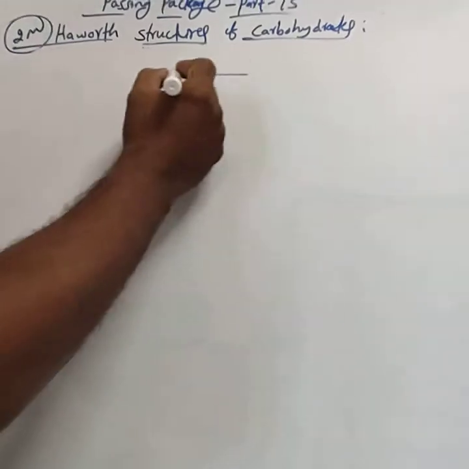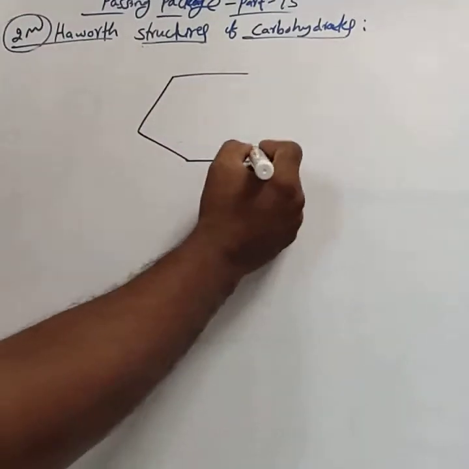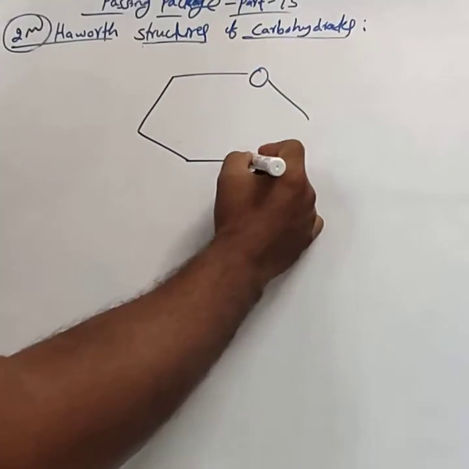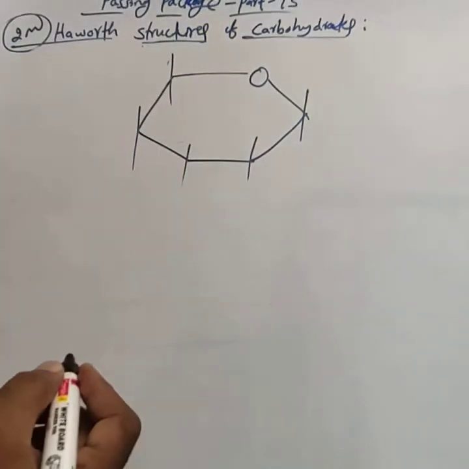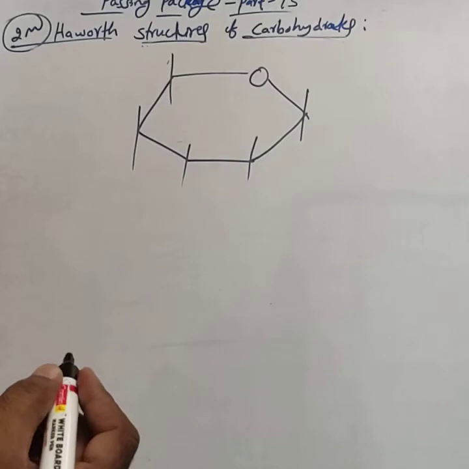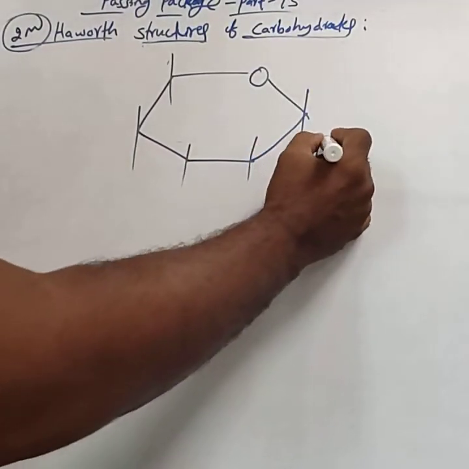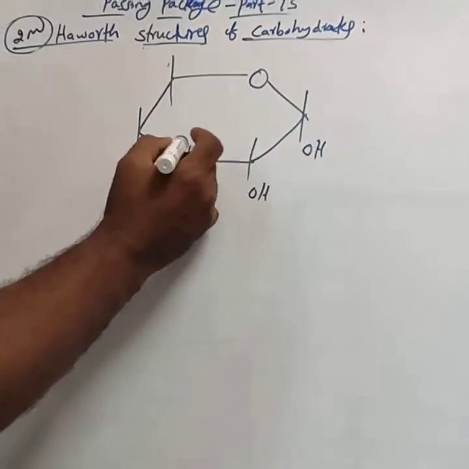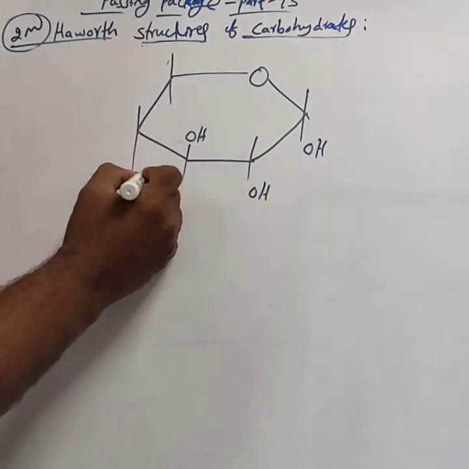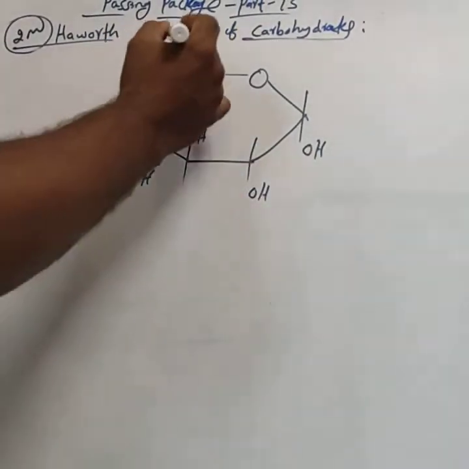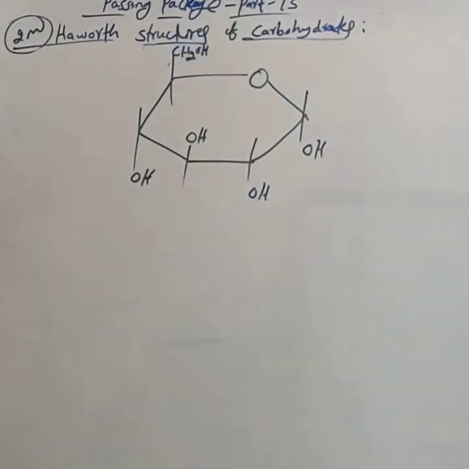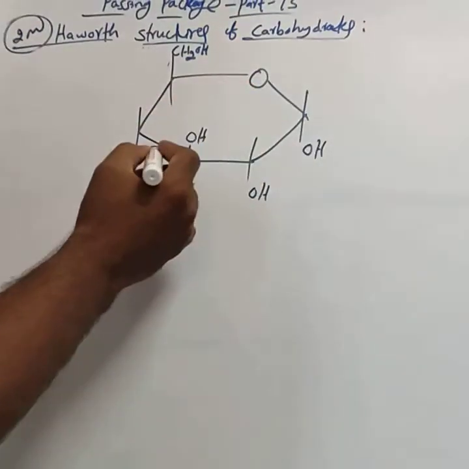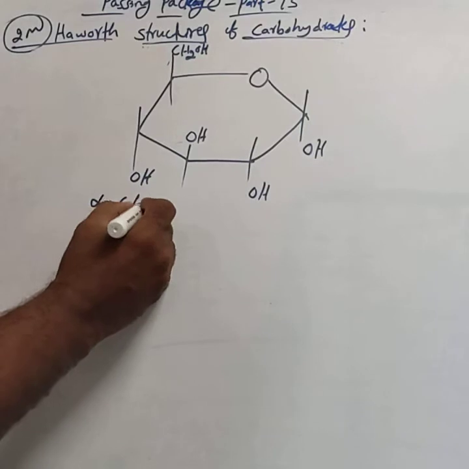First consider the alpha glucose structure. Alpha glucose means the code word is KK: OH below, above OH, below OH, KK. Then this corner is CH2OH. This is the alpha glucose.